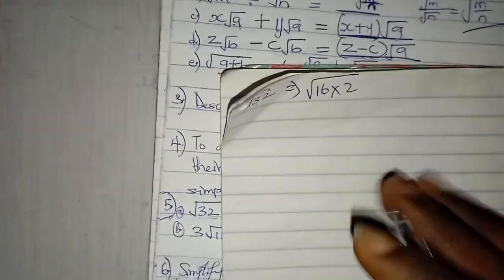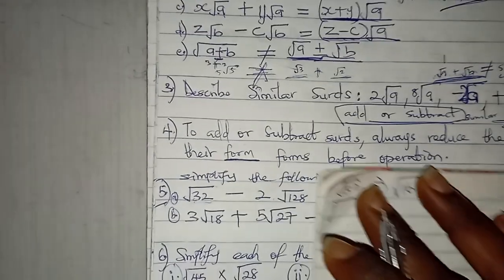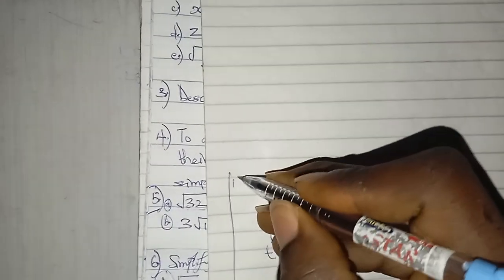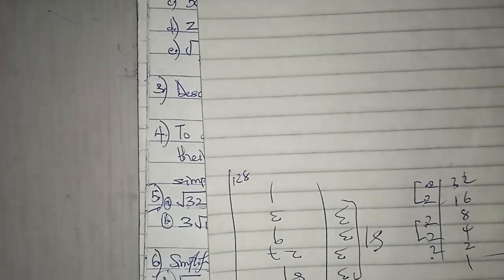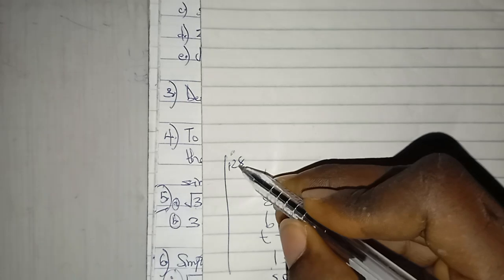Alright. Now for the other root, what else is there? Okay, 2 root 128. Let's check what is inside 128. Let's get the LCM of 128. So 128, 64.